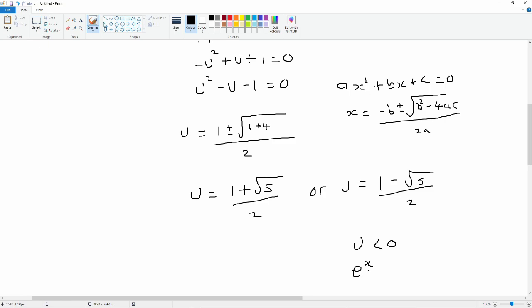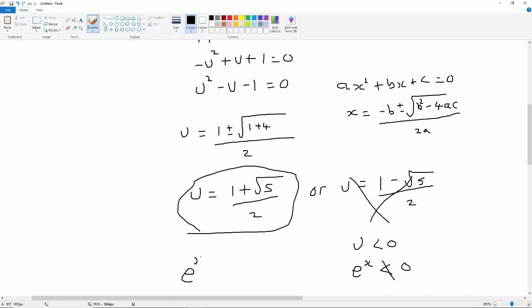It's never going to be negative because a positive times a positive times a positive is always going to be positive. So e to the power x cannot be less than 0. So we can eliminate this as a possible solution. So our only solution is e to the power x is equal to 1 plus root 5 over 2.